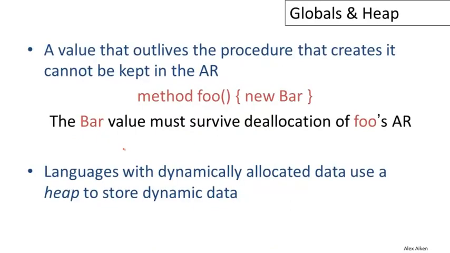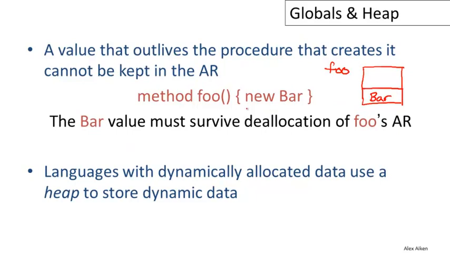Turning now to the heap, any value that outlives the procedure that creates it also cannot be stored in the activation record. Let's take a look at this example. So here we have a procedure foo, and let's take a look at the activation record or frame for foo. And let's say that foo allocates a bar object, and that we're going to store that object in foo's activation.